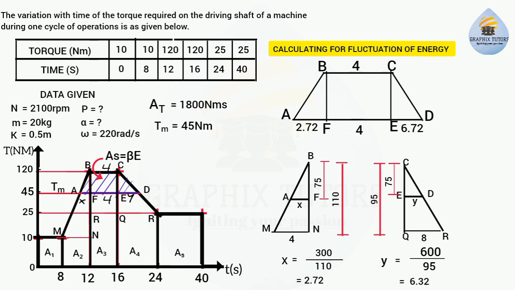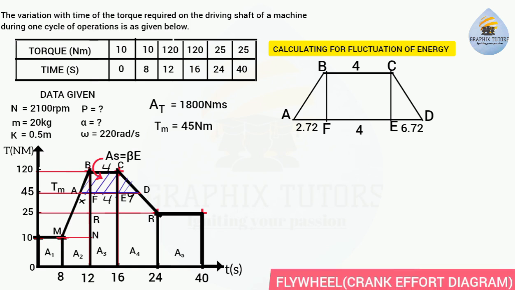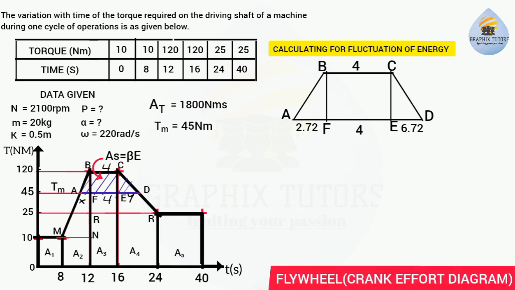So what we should now do here is to calculate the area of that shaded part, which is the BE, or delta E, that is the fluctuation of energy, which will be half (A plus B) times height. So A here is the total value at the base of the trapezium, which is 2.72 plus 4 plus 6.32, and that will give us 13.04.